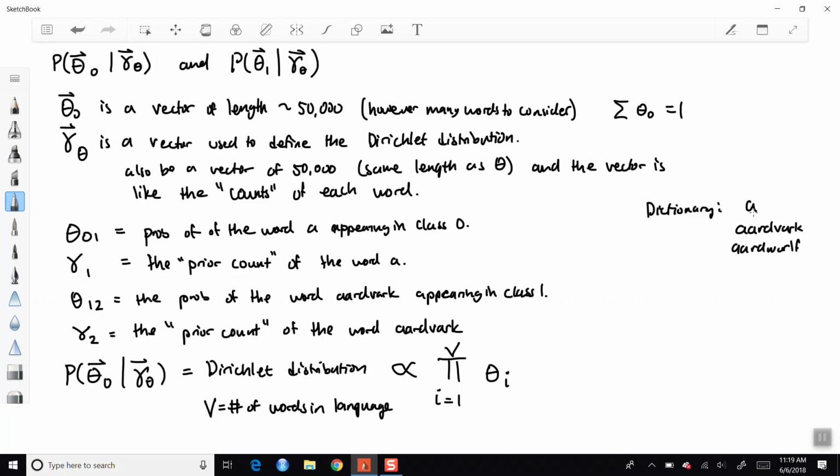And words that technically don't appear in the dictionary but are proper nouns might be included, because they contribute to the document classification, right?